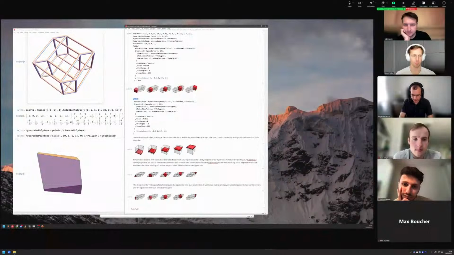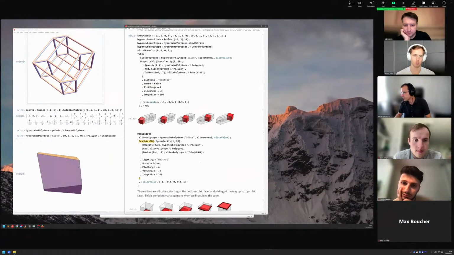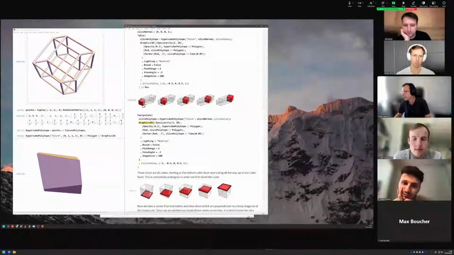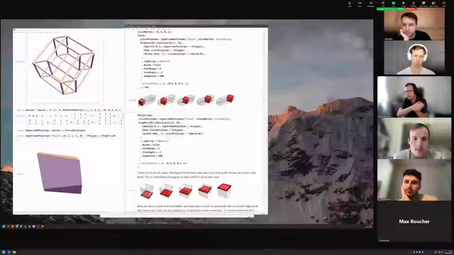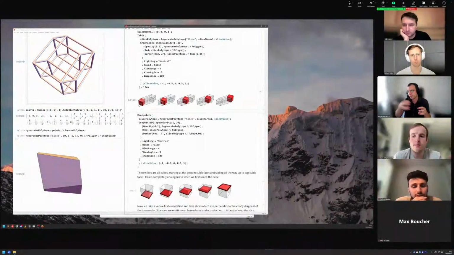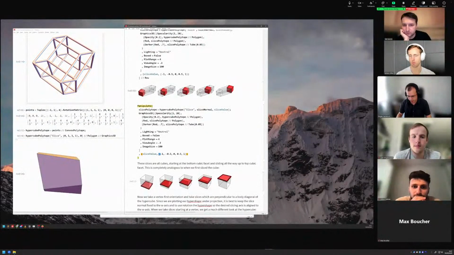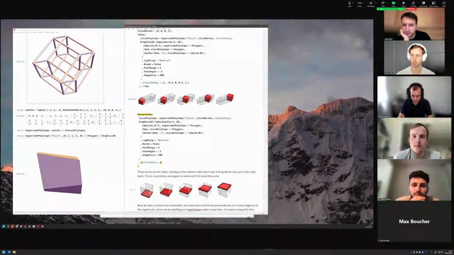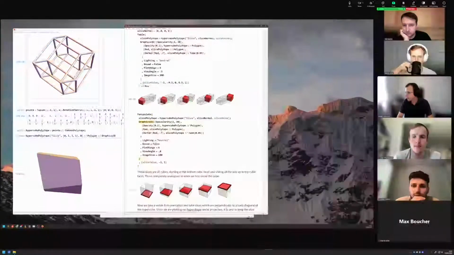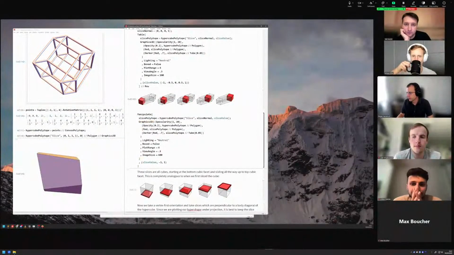Yeah. So here I have a hypercube, and I'm taking three-dimensional slices of it, starting from one cubic facet of it to the one on the other side. Insofar as a hypercube is a three-dimensional cube extruded into the fourth dimension, that's what's happening here. So if I manipulate this, I think this should be good.